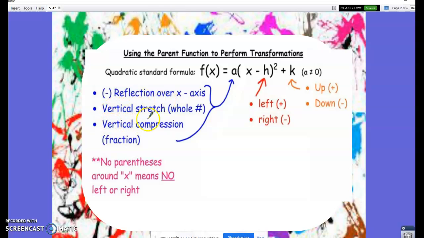The vertical stretch, remember, is a number that is bigger than 1. A vertical compression is when it's a fraction that is less than 1. They should have specified that better, because we saw that example where it was a fraction, but it was improper, so it actually made it stretch. So this is a super helpful screen.